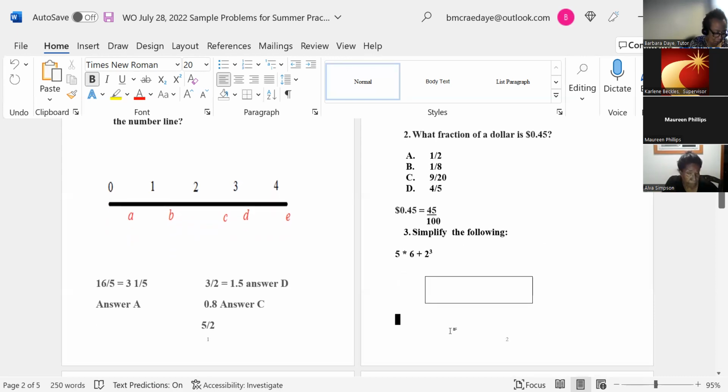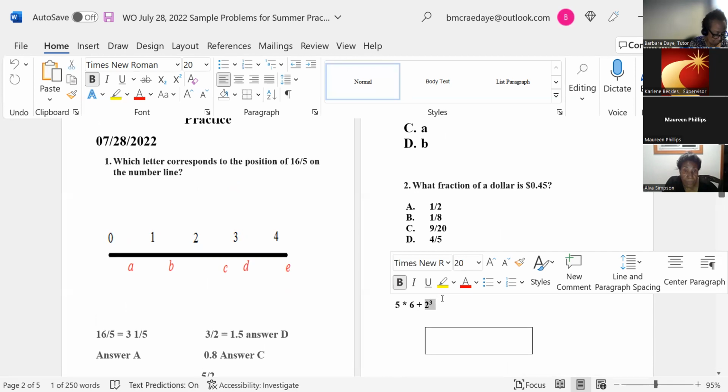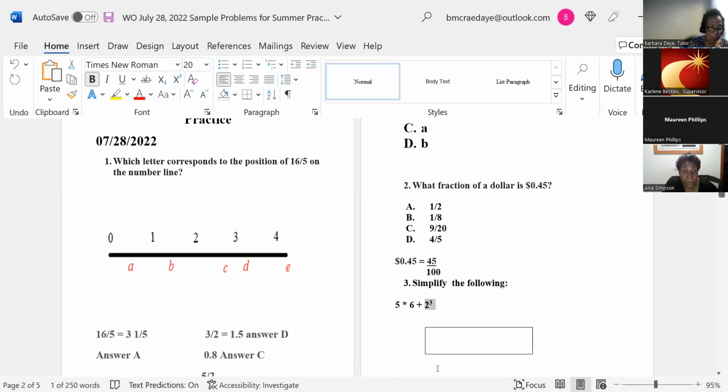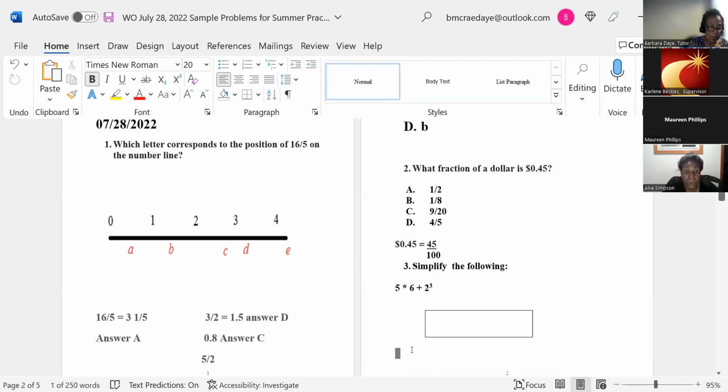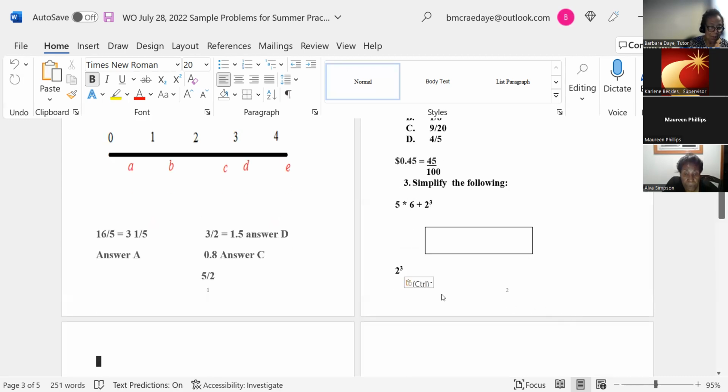Let me just copy that. 2 to the 3rd. What's that equal to, Alva? 2 to the 3rd power. What is that equal to? 2 to the 3rd means what? 2 times itself 3 times.